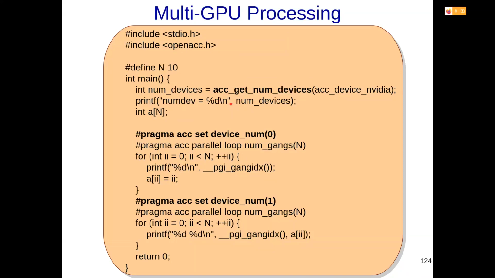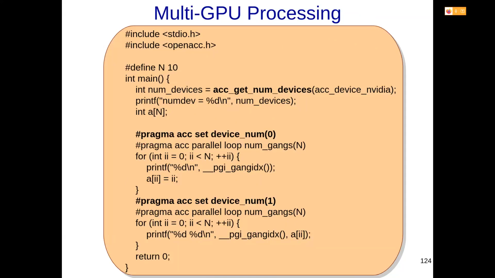I got the output as 2, correctly, because the machine on which I was running has 2 Volta GPUs. Then there is acc_set_device_num, and I specify the number which starts from 0, 1, 2 like that. So I can specify that, and the rest of the code remains the same. So the parallelism doesn't require us to use a particular device in that.